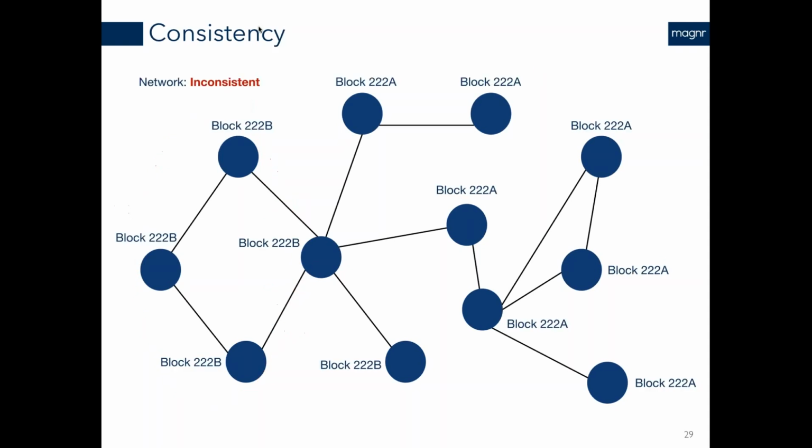So that leaves you with the situation of consistency. In this diagram we show a situation where consistency is non-existent. We've got several different nodes in this ecosystem that are all working on different blocks. We're at block height 222, and part of the network has block B and part of the network has block A. They're both the same height, and we now have an inconsistent state in our network.